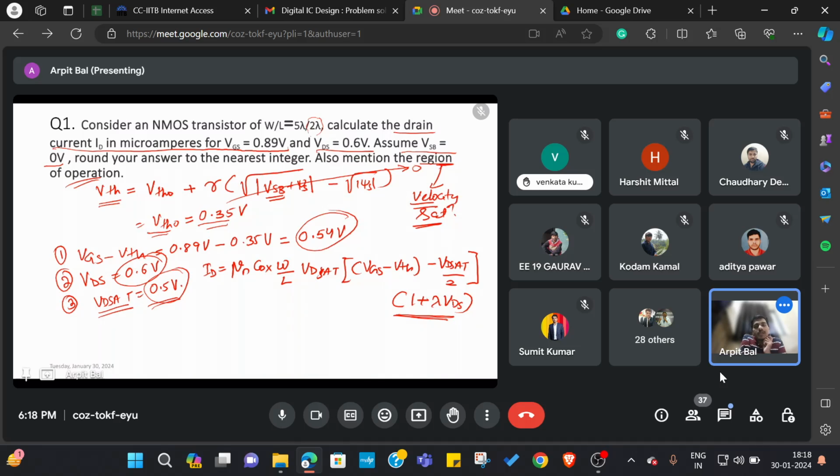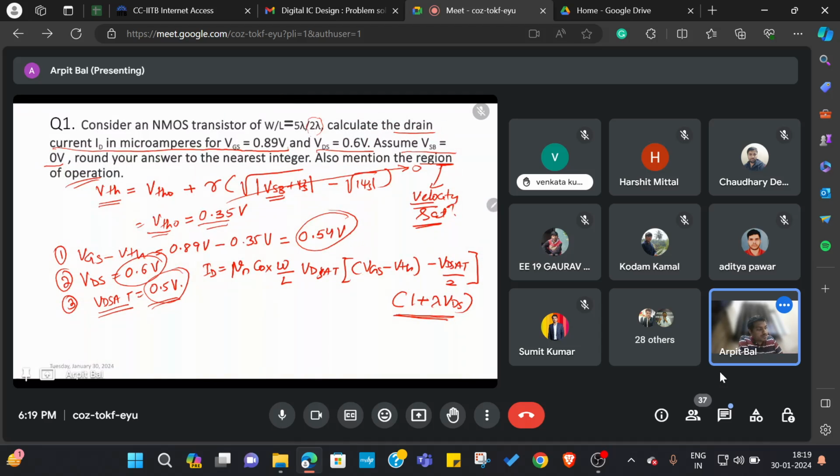Let us assume W by L would have been given as 50 lambda by 20 lambda. Then the L we are using is roughly 20 times the feature size, the minimum length, so we can easily go for a long channel assumption, and we need not consider the 1 plus lambda VDS in that case. But in this case, because it is 2 lambda, we need to consider the short channel effect.